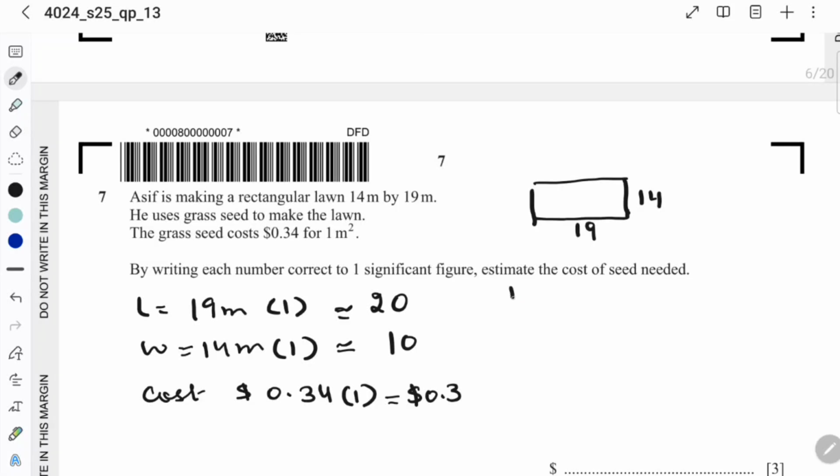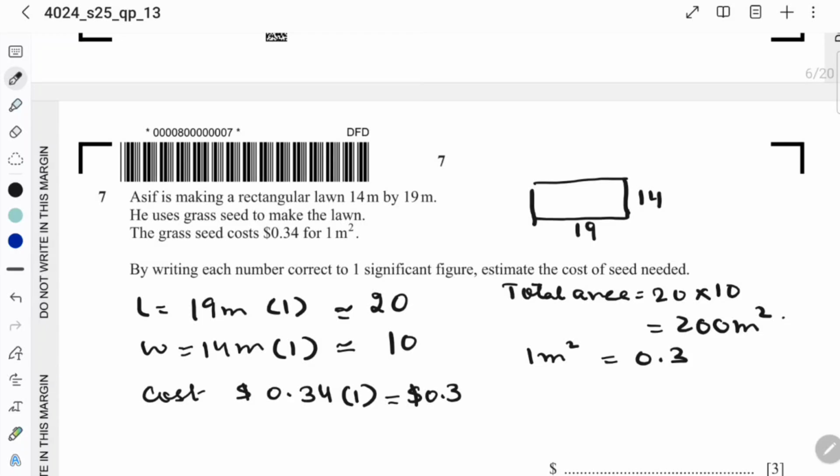So the total area is 20 by 10, which equals 200 square meters. Now we have to find out the cost. The cost for 1 square meter is 0.3 corrected to one significant figure. They are asking you to find the cost for 200 square meters.